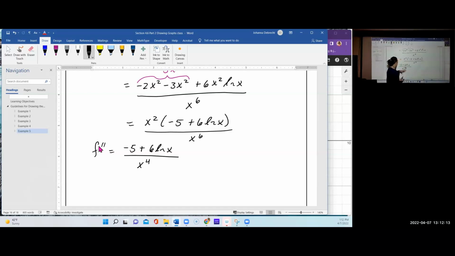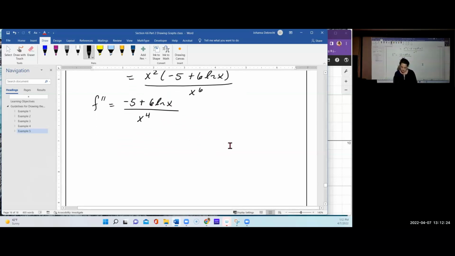Okay, now what do we have to do? What were we doing again? Oh yeah, we're trying to find the concavity and inflection points. So we need the critical values of the second derivative.